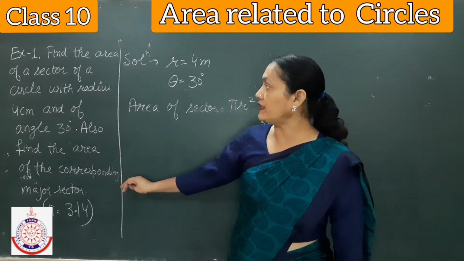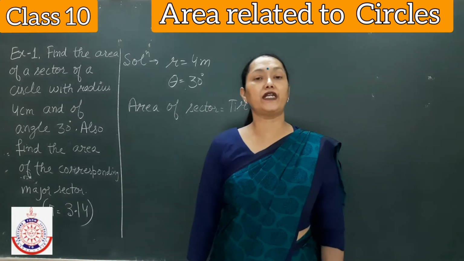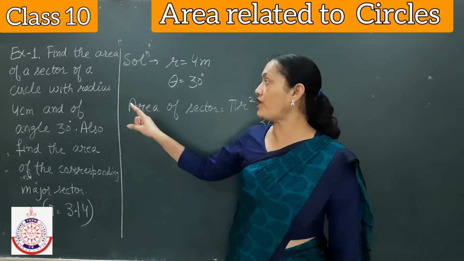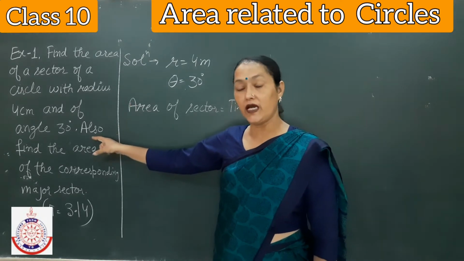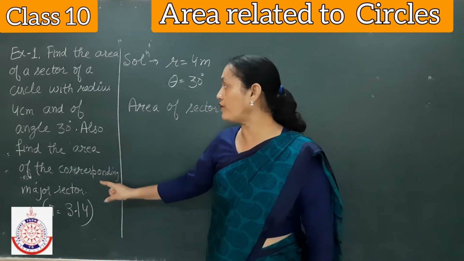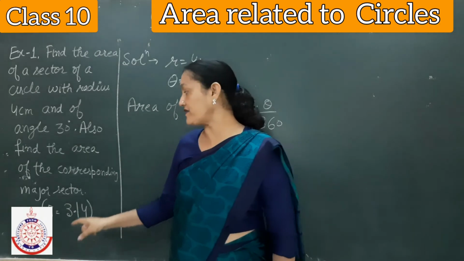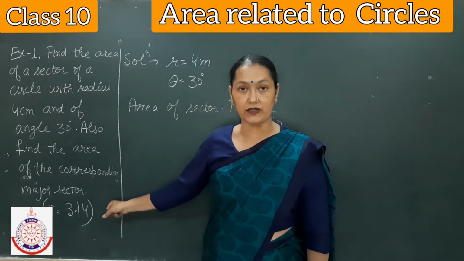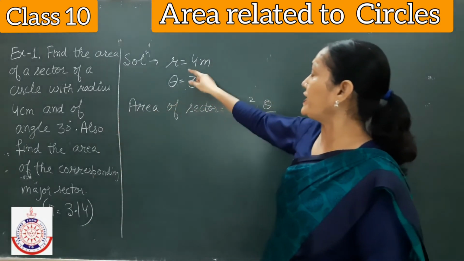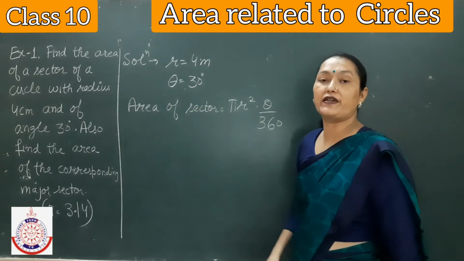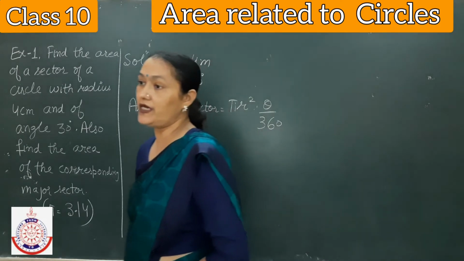First example I have taken where they have given a circle with radius 4 cm and theta angle for sector is 30 degree. We have to find the area of sector, means minor sector, as well as corresponding major sector. Radius 4 given, theta 30 degree given. Area of sector I have written pi r square theta upon 360.